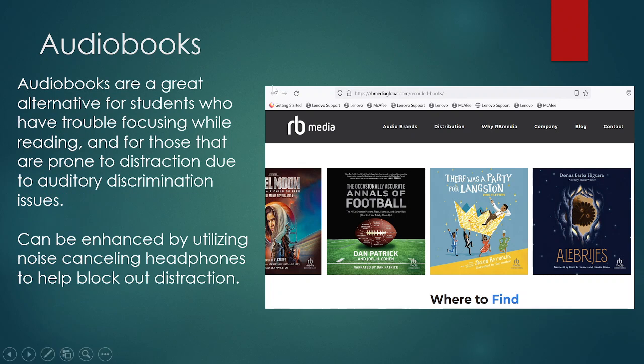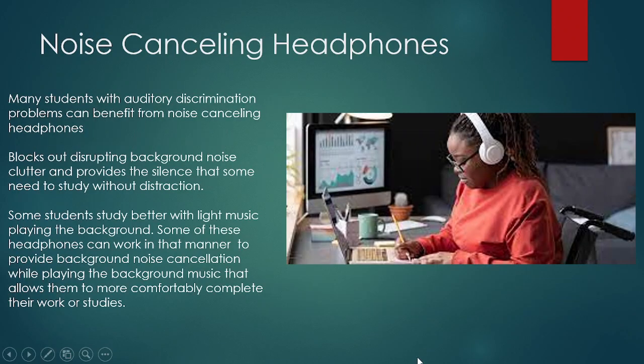Audiobooks are another great alternative for students who have trouble focusing while reading and are prone to distraction, possibly due to auditory discrimination issues. And you can enhance this by using things like noise canceling headphones, which also block out distraction. While talking about noise canceling headphones, students with auditory discrimination problems, including myself, could benefit from them.